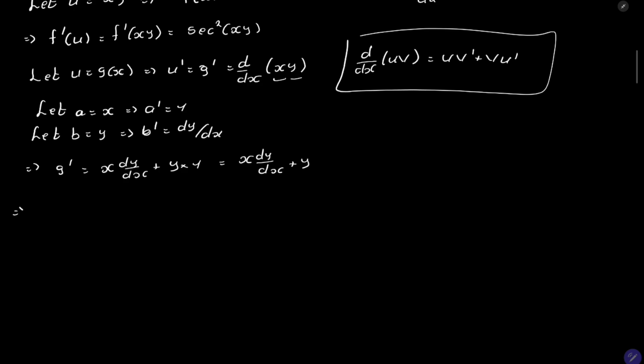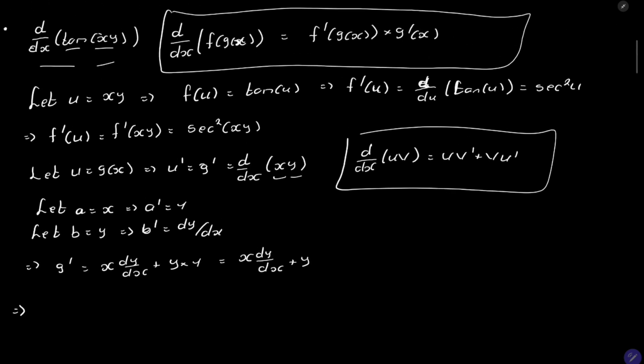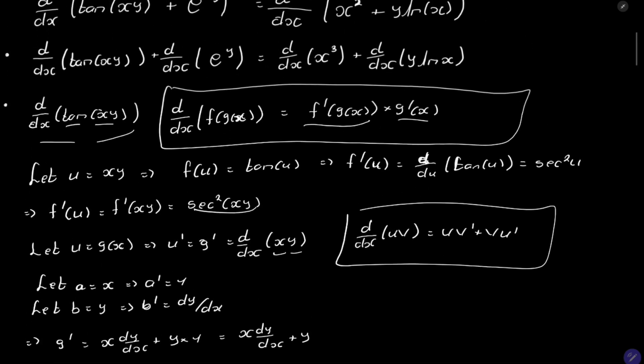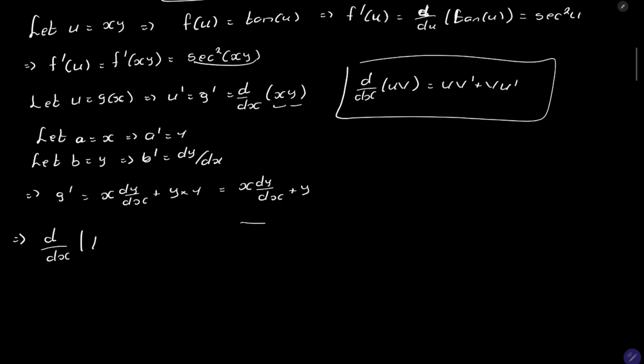So we can then conclude that our function, which is f prime of g of x times g prime of x, that is sec squared of xy times this, gives us the derivative with respect to x of tan of xy, which gives us sec squared xy into x dy on dx plus y.